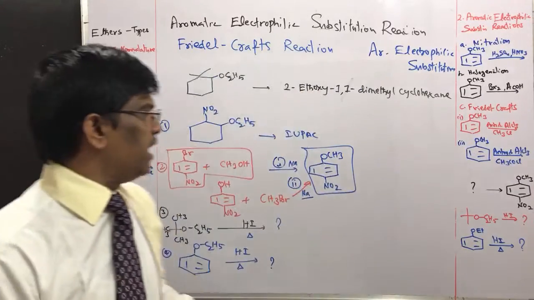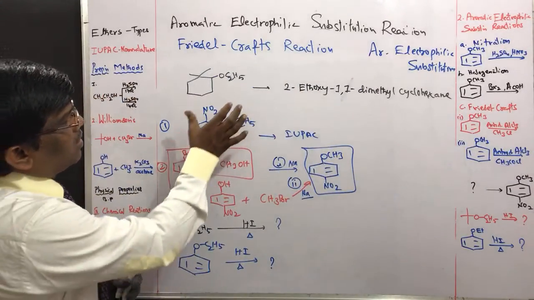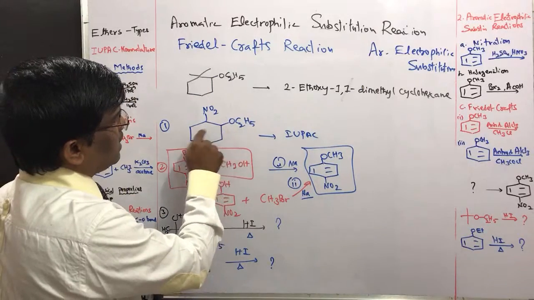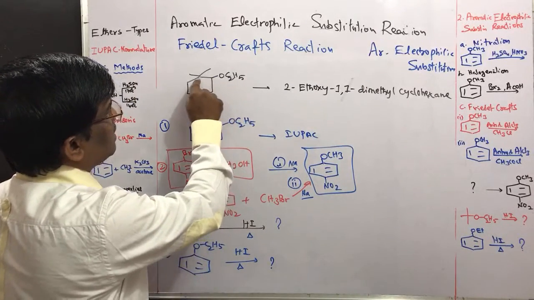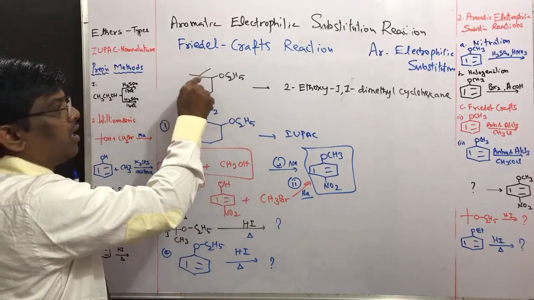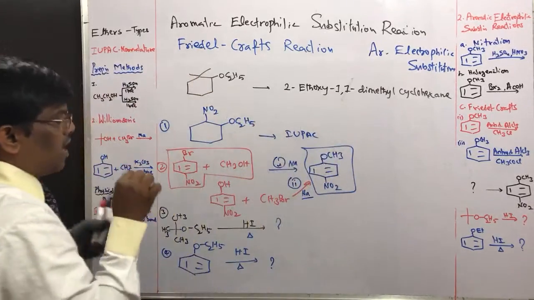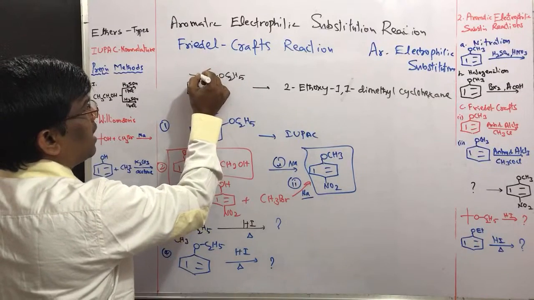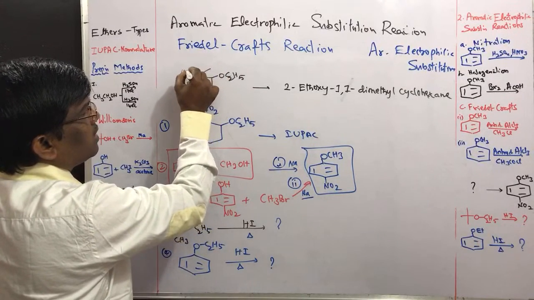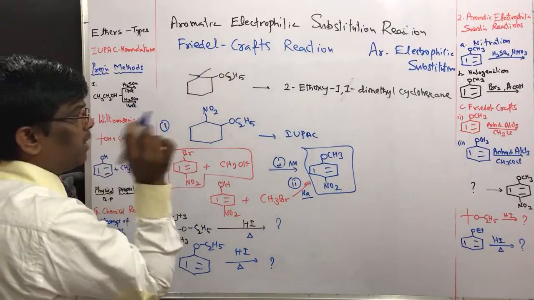Yes, students, it is very easy to write because the key factor is, when you are writing this nomenclature, in this case dimethyl is going to be prioritized. Ethoxy 1,1-dimethylcyclohexane, and moreover since both are attached to one carbon, the gem-dimethyl group is going to be prioritized.